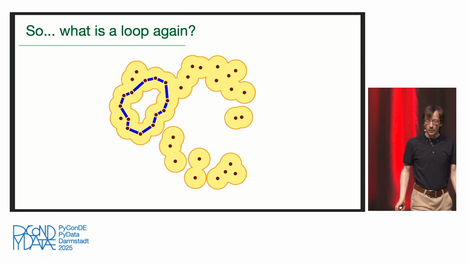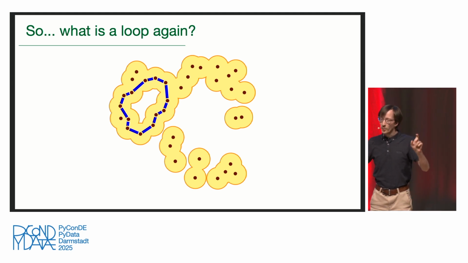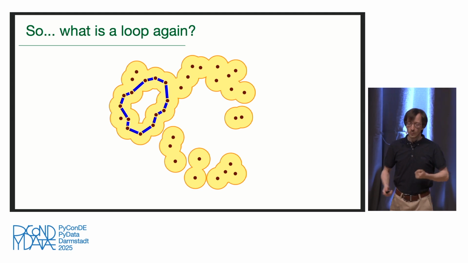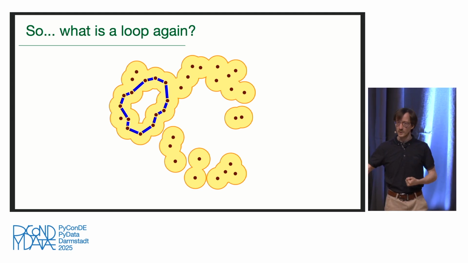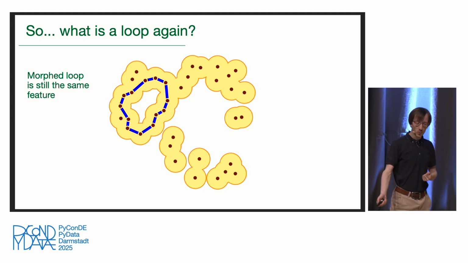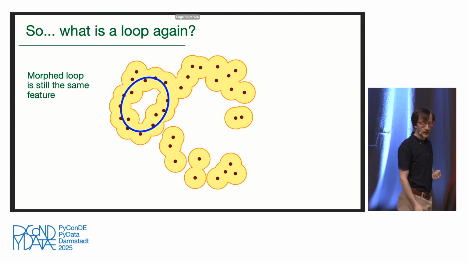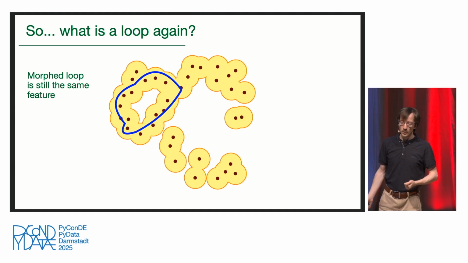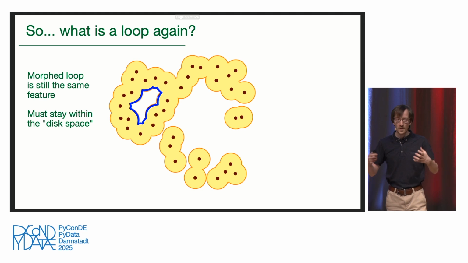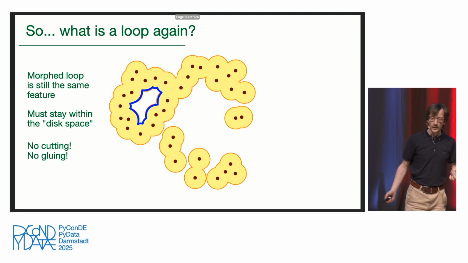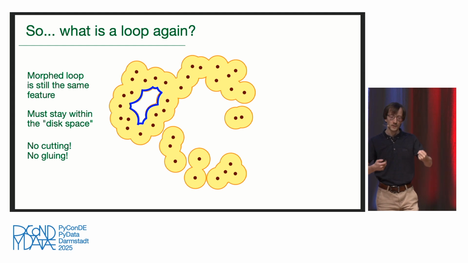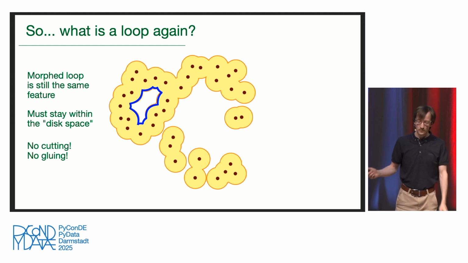This is what I showed you before. And this is where the topology in topological data analysis comes into play. In topology, we can morph things and consider them still the same. So this loop can be morphed like this or like that, and it's still the same loop for me, as long as it stays within the disks and as long as I don't do any cutting or gluing. So this is really a rubber band, right, that I can move around.